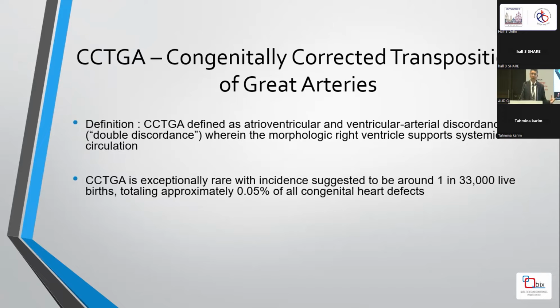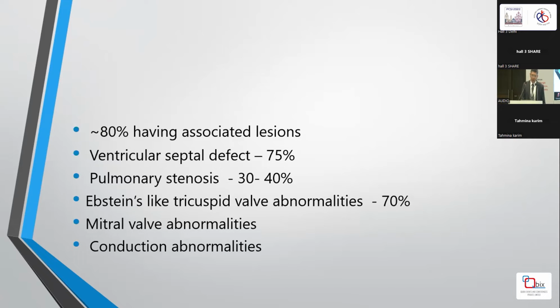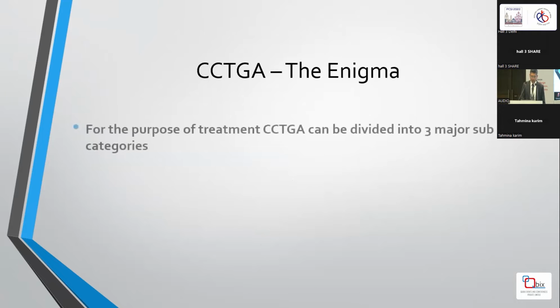So in regular practice, many of us pediatric cardiologists are not exposed to the variety of CTGAs that exists. And only 20% of CTGAs are isolated, where the rest have associated lesions, which could be VSD in 75%, pulmonary stenosis, Epstein anomaly of the tricuspid valve, mitral valve abnormalities, and conduction abnormalities.